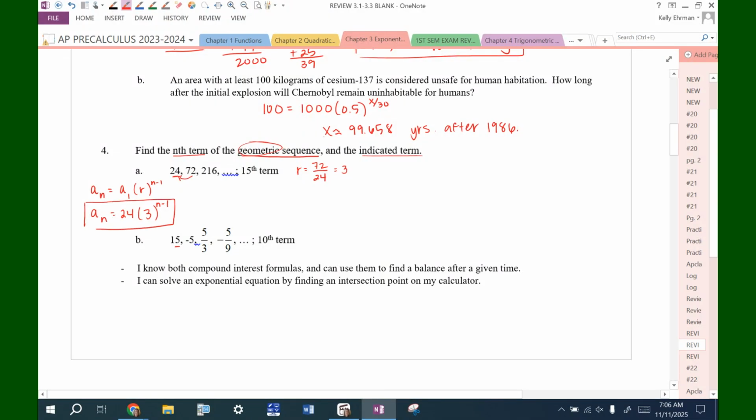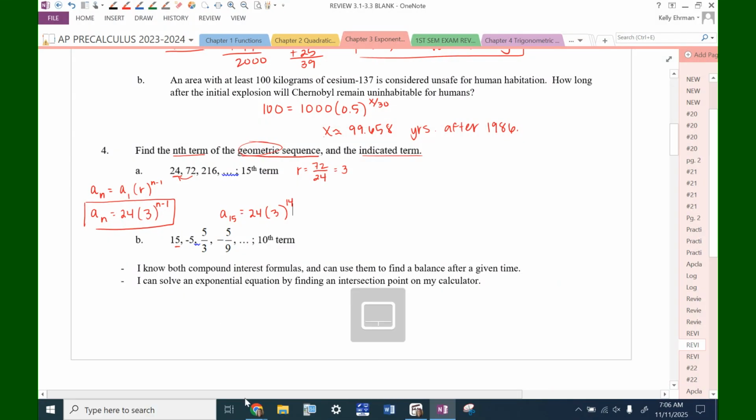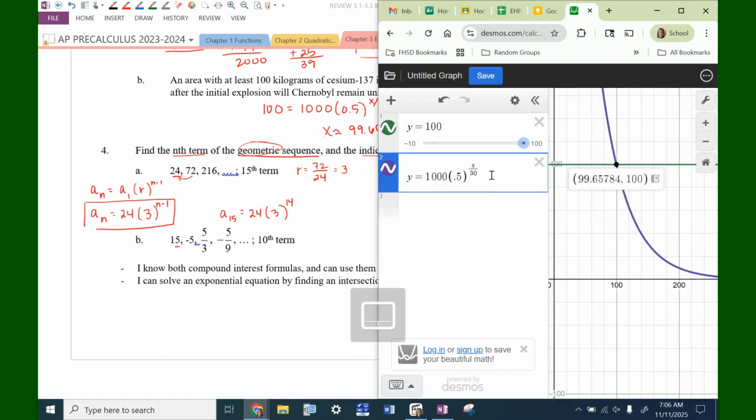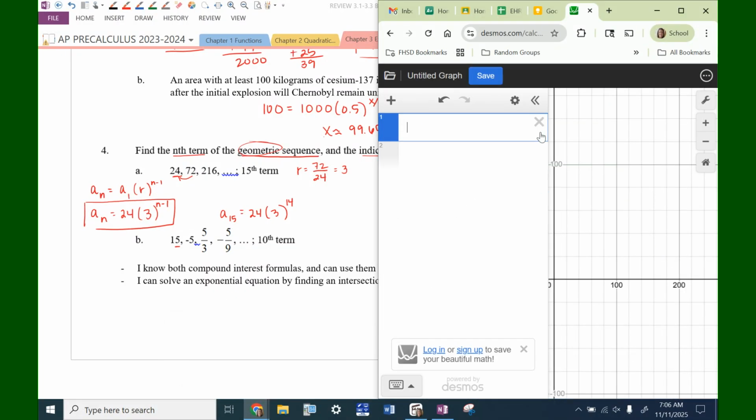And then find the indicated term. So now use that to find the 15th term. That's going to be 24 times 3 to the 15 minus 1, so to the 14th power. And we are definitely using a calculator for that. So that's just 24 times 3 to the 14th.